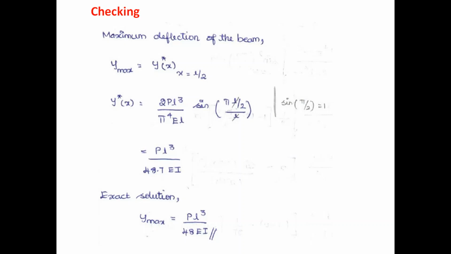That is why we are not preferring the trigonometric trial function for practical applications. Most of the software also uses only polynomial trial functions to solve structural as well as non-structural problems. Thank you for your patient listening.